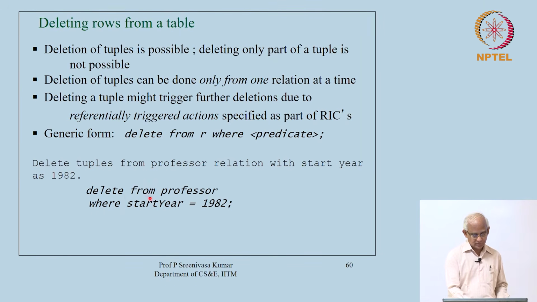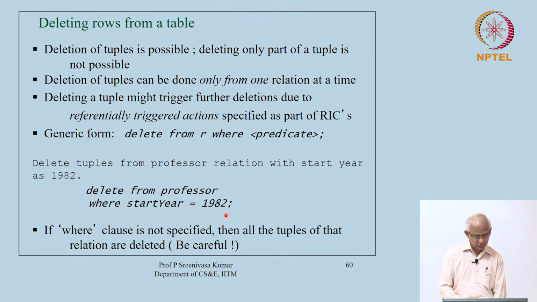So, delete from professor where start year equals 1982. Simple. But one has to be careful about one aspect of deletion. Before going there, if the where clause is not specified, then the whole of the data will be deleted. We have to be careful about it, because you know that the where clause, if it is not specified, is taken as true, always true. So, one has to be careful about that.